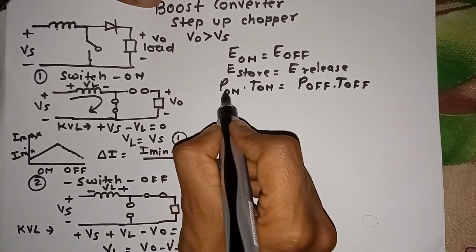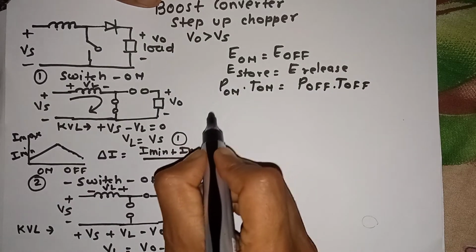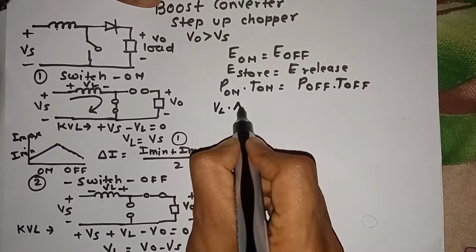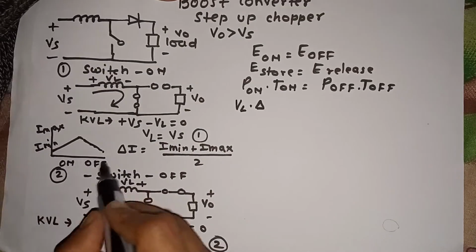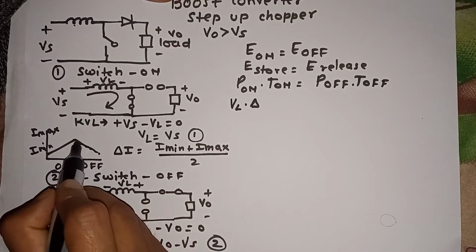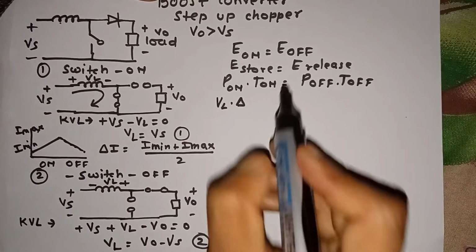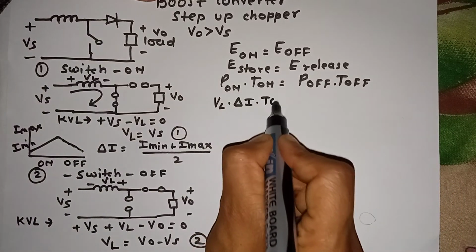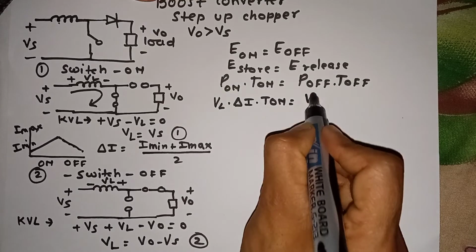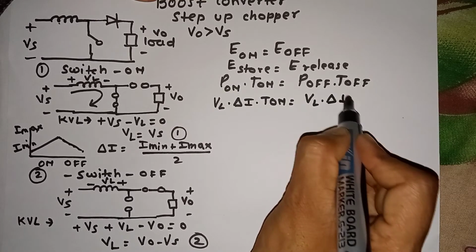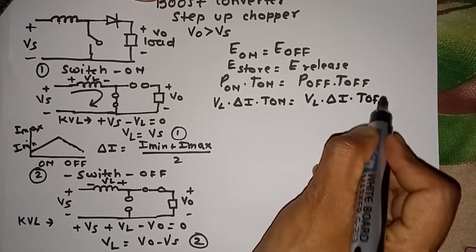We know that power is equal to voltage into current, so we can write VL into delta I, because in on time the average current is delta I and in off time also delta I. So VL into delta I into T on is equal to VL into delta I into T off.